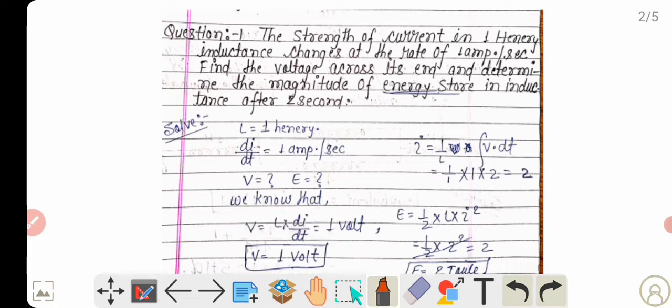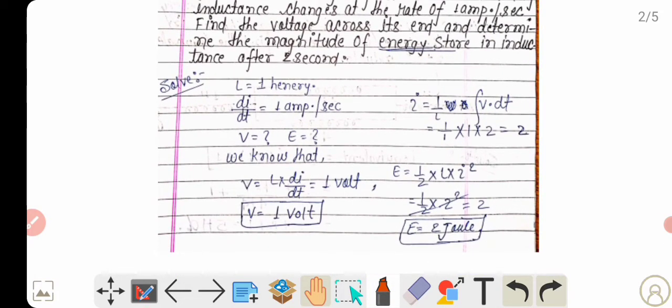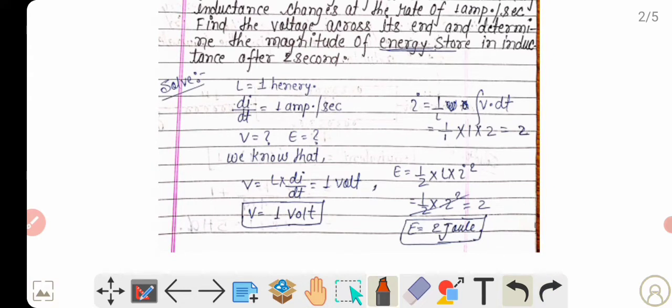Now the next question: determine the magnitude of energy stored in the inductance after 2 seconds. Here the time given is 2 seconds. As we know, energy stored in an inductance is denoted by E, which equals half L i square.